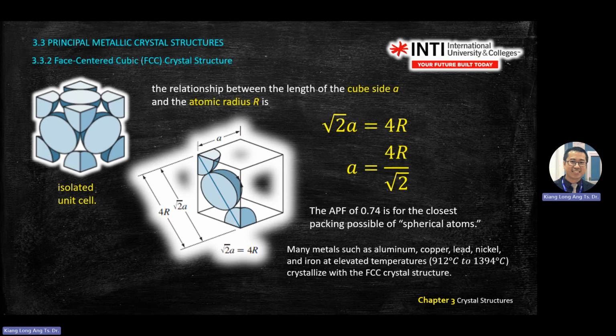APF equal to number of spheres multiplied by the volume of sphere divided by volume of the cube. Put in the equation, press calculator, you get 0.74 something. Okay, remember the members for FCC: aluminium, copper, lead, nickel, iron. Remember 3 members from here.